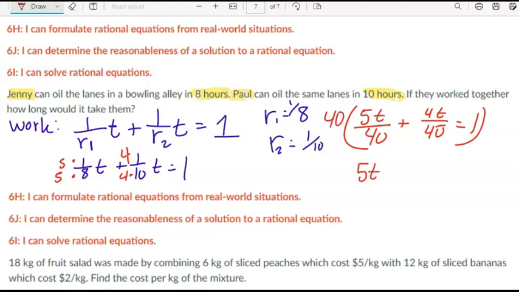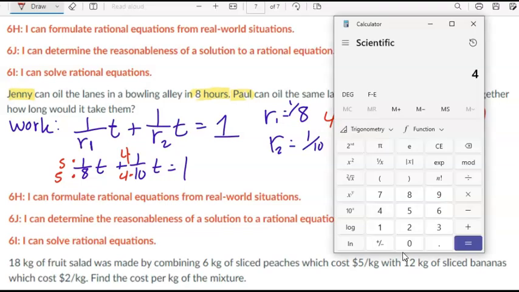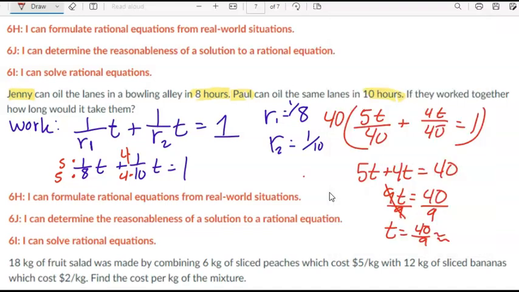We have 5t plus 4t equals 40. 9t equals 40. Divide each side by 9. T equals 40 over 9, which is about 4.44 hours.